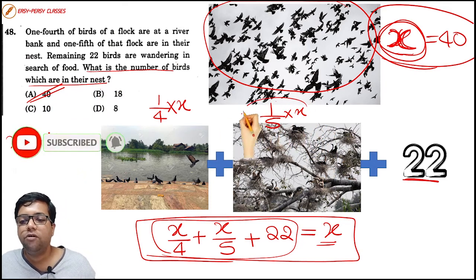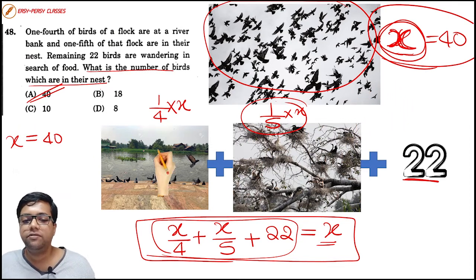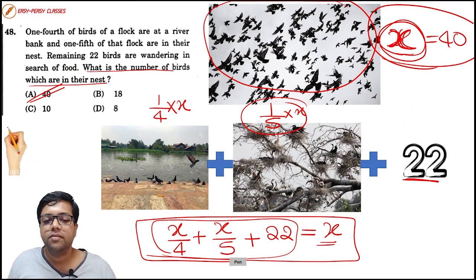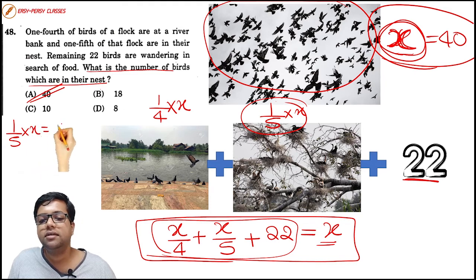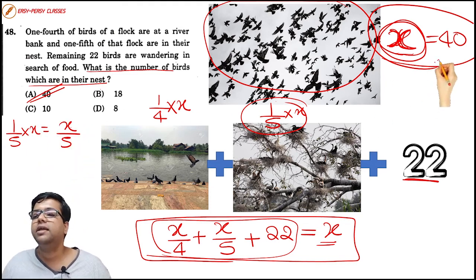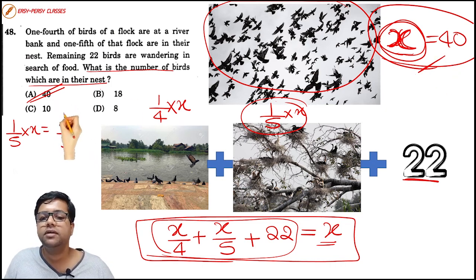How many birds are in the nest? 1/5 of X. What is 1 by 5 of x? That is x by 5. You just found out x to be 40.